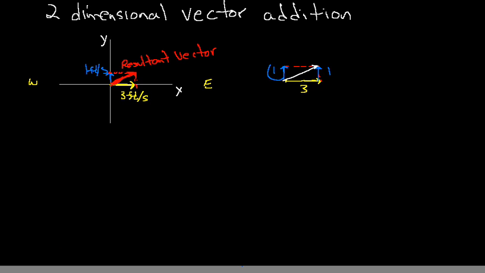If this is 1 and this is a rectangle, then this has to be 1 here. So we've got a right angle in here, and I'll show that in white. Here's my right angle. And the length of this vector, which is the magnitude of the resultant, is going to be the square root of 3 squared plus 1 squared.